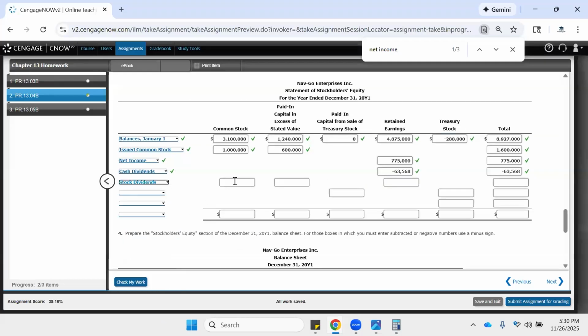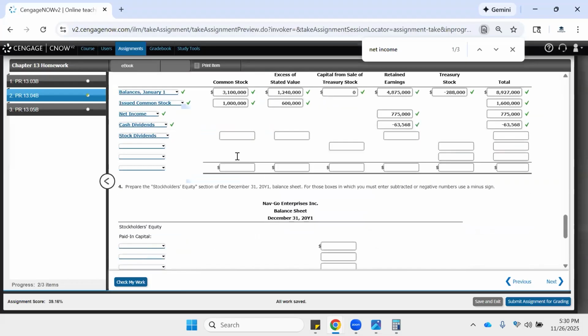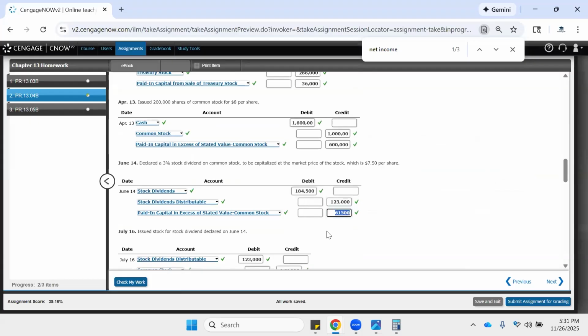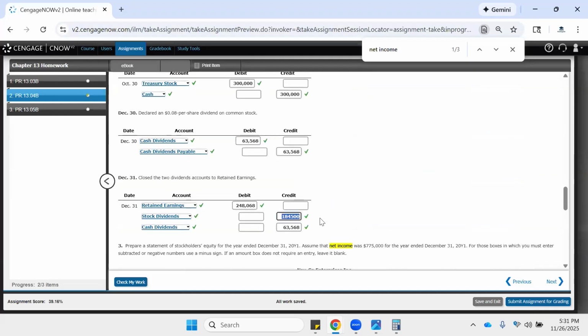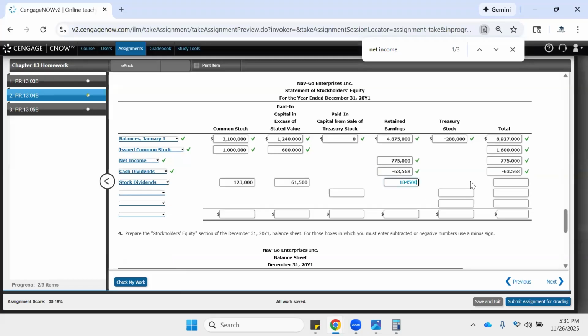We also have stock dividends to declare, and stock dividends impacted common stock by 123,000 and paid in capital 61,500. And retained earnings 184 with a net zero impact to total equity.